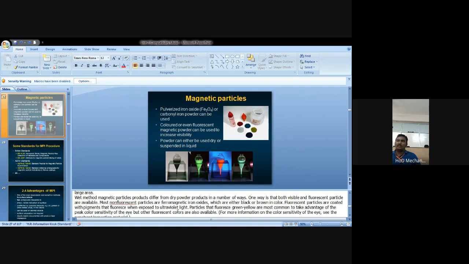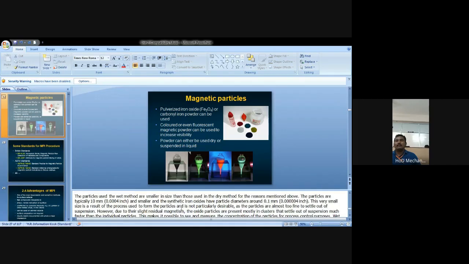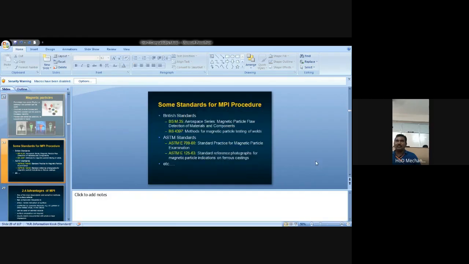The fluorescent particles are coated with a pigment that fluoresces when exposed to ultraviolet light. The particles used in the wet method are smaller in size than those used in the dry method for the reason mentioned above. So that is the reason for the use of magnetic particles in the NDT method.